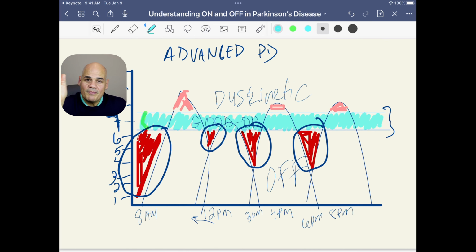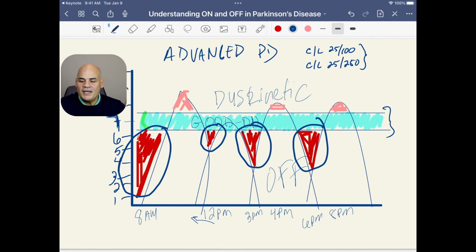Now, remember that trying to do that in patients with more advanced Parkinson disease can be very difficult. Why? Because when we speak about the medicine for Parkinson's, we have the carbidopa, levodopa, 25-100, right? And then we have the carbidopa, levodopa, 25-50. Those are the immediate release.